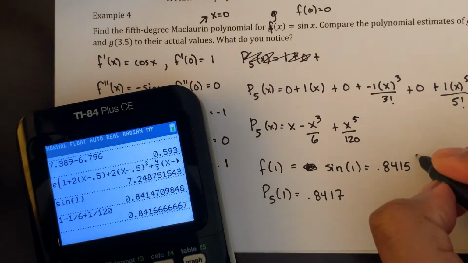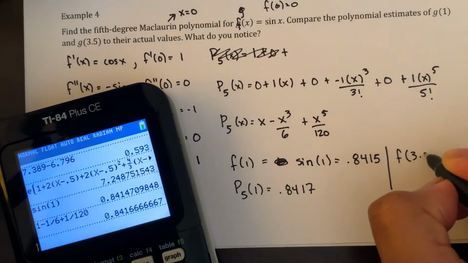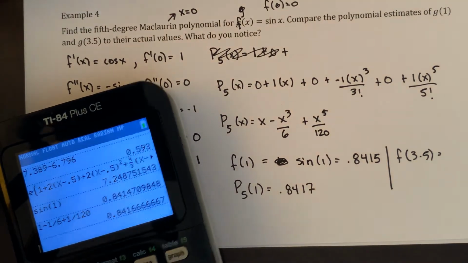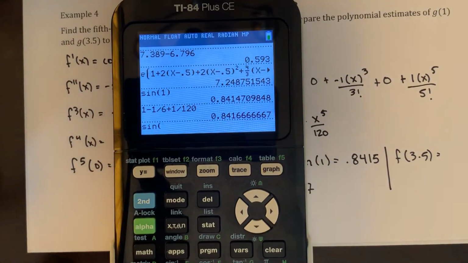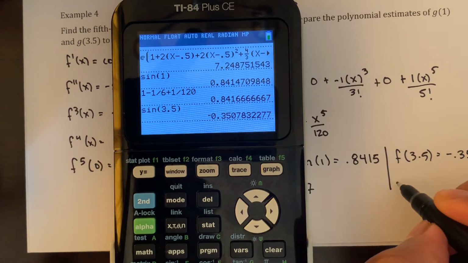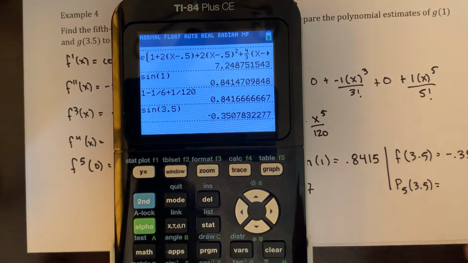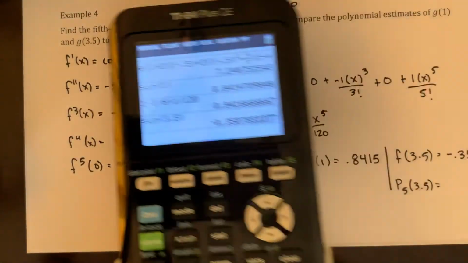If we look at f of 3.5, we're going to get the sine of 3.5. So the sine of 3.5, again in radians, is negative 0.3508. And then P5 of 3.5 is going to take a little bit of work.